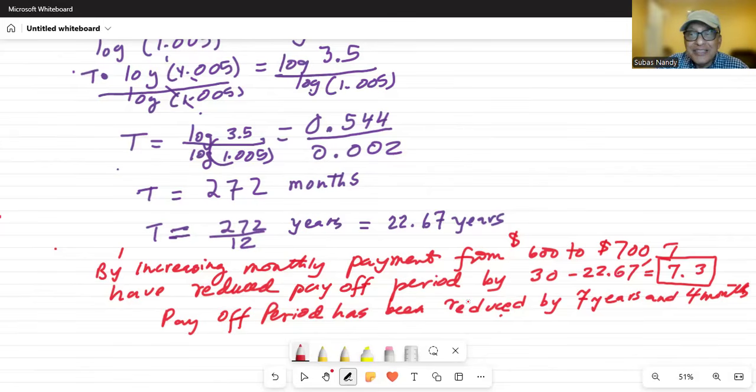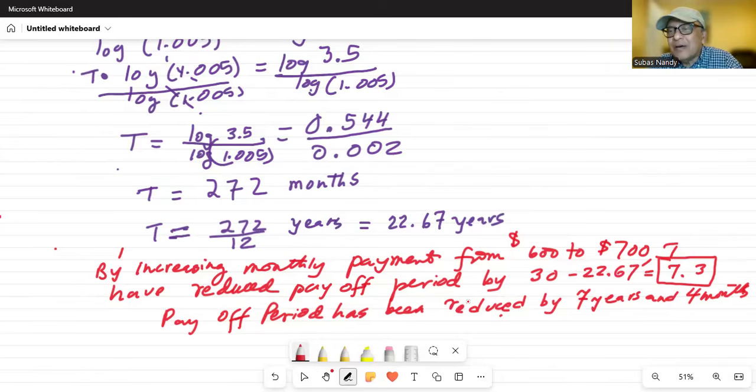Okay. So that is the point I wanted to make at the end of this presentation, that if possible, pay slightly more every month, then you will pay off your loan much earlier and get rid of the loans. Who wants to be hung up with so many loans, so burdened with loan? We don't want that. Therefore, we increase the monthly payment by a slight amount and we'll pay the loan off earlier.